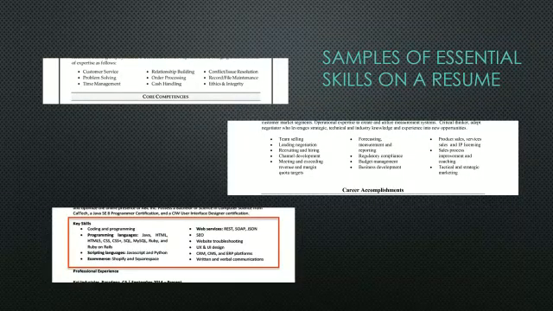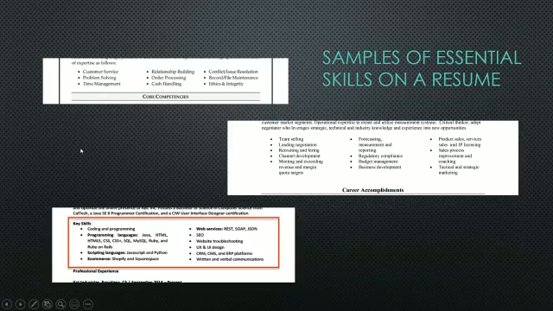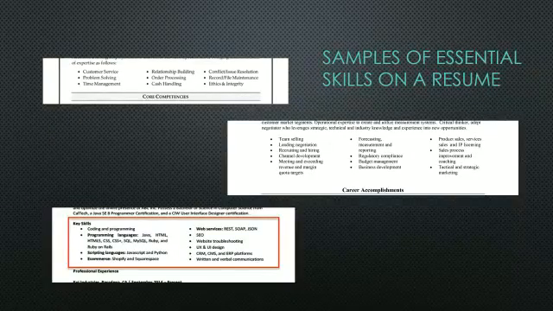So, some samples of essential skills on a resume. And I like these formattings, this bullet point formatting, because it really kind of just breaks it up. And you're not going into detail. You want them quick, fast, so anybody looking at them or any computer program that is going over them can see it quickly.